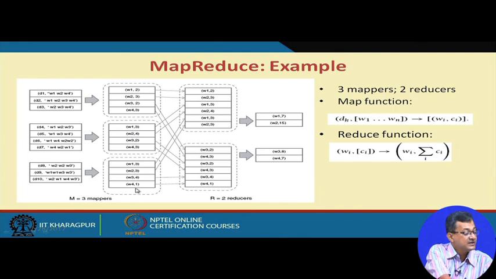Every mapper does this, and then the results are stored in an intermediate space where the reducer reads. It generates a file for every reducer. So, there are 2 reducers, and for the 2 reducers every mapper generates a file.